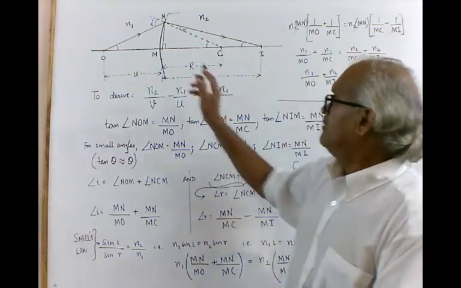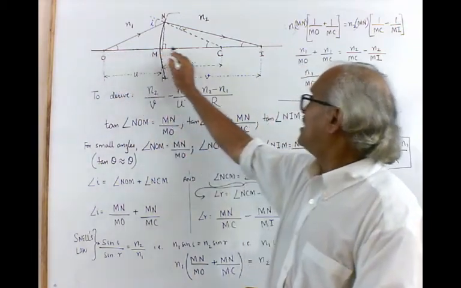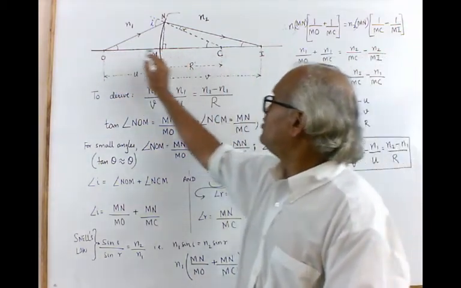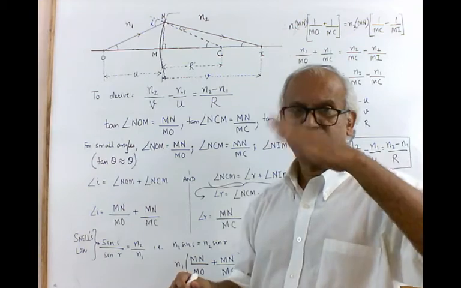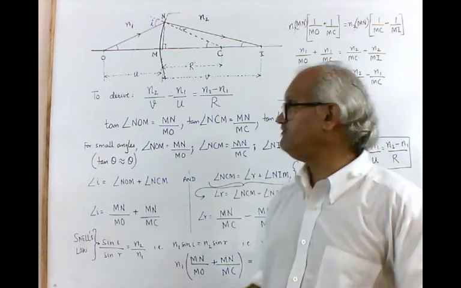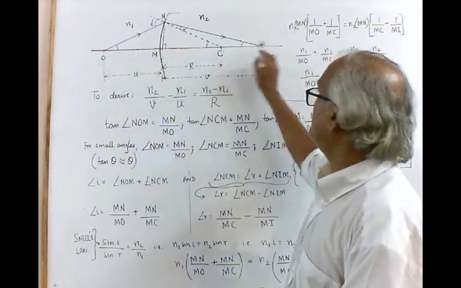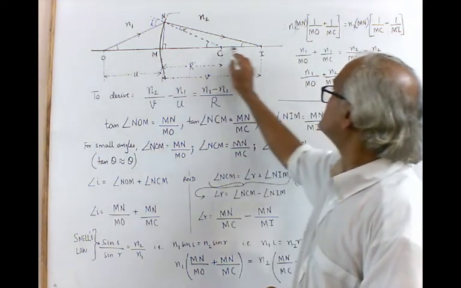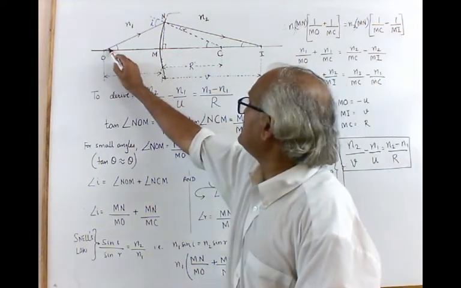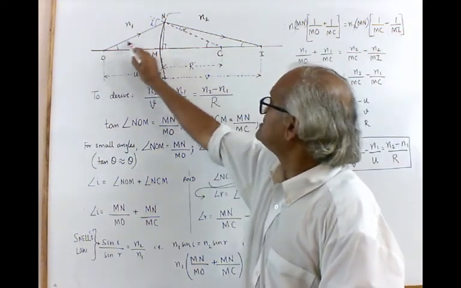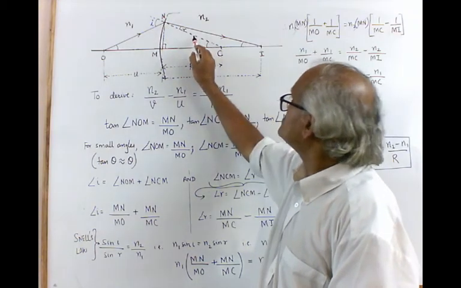Now, we know that any ray that goes along the principal axis will not undergo any deviation, it will go straight. So suppose one ray goes straight like this, and the second ray goes along this path, undergoes a refraction.